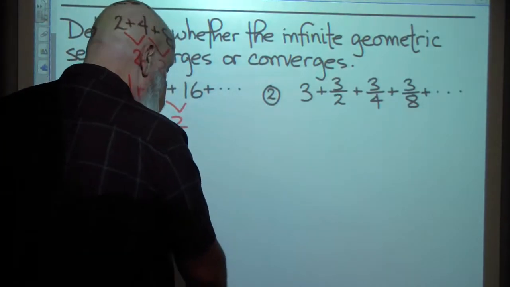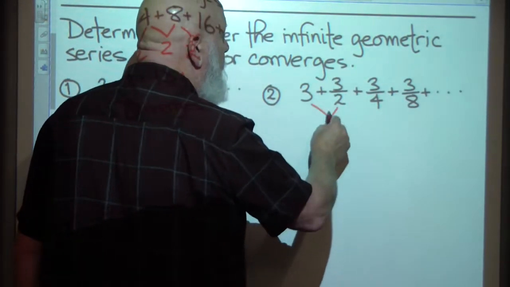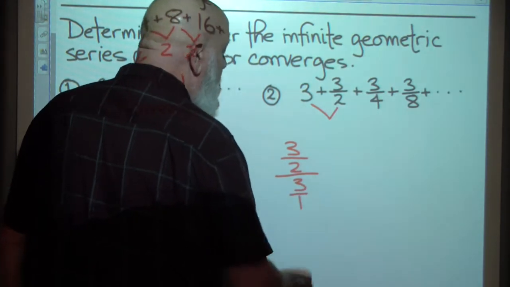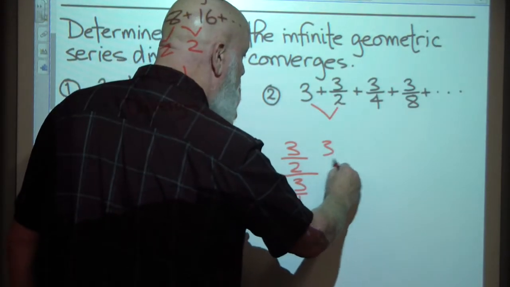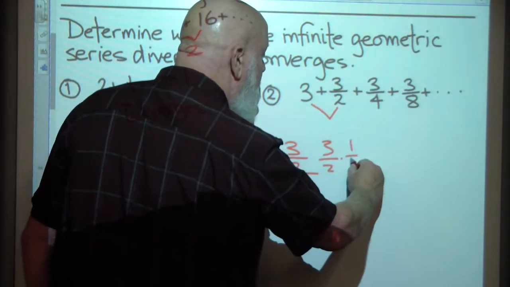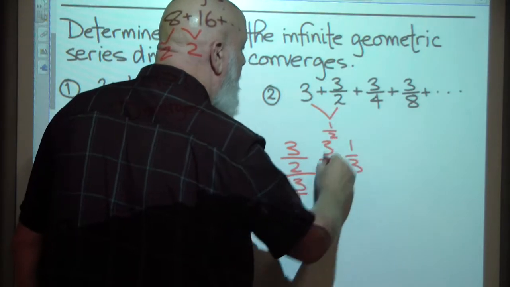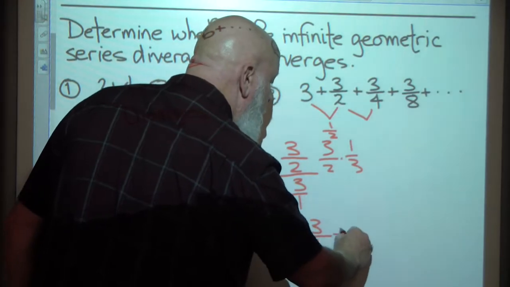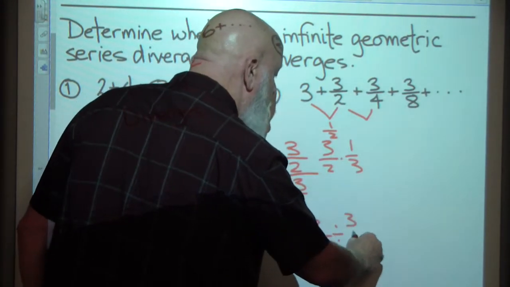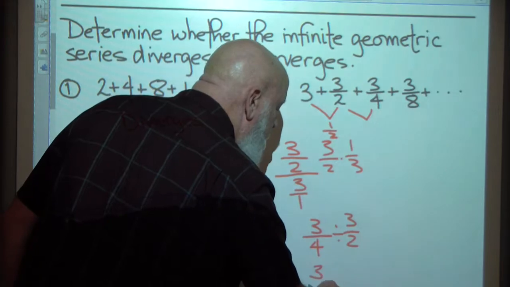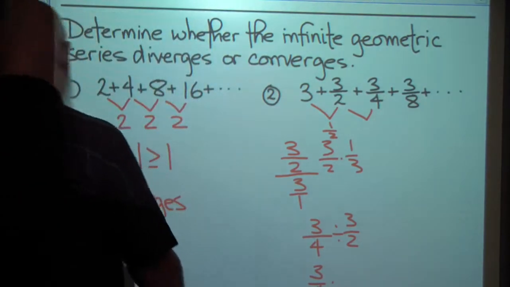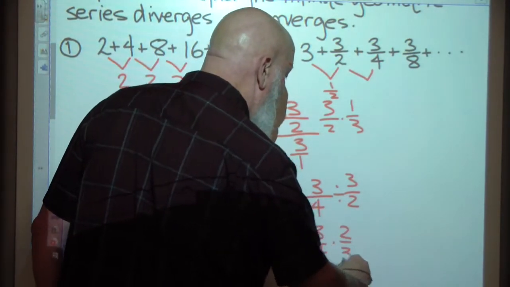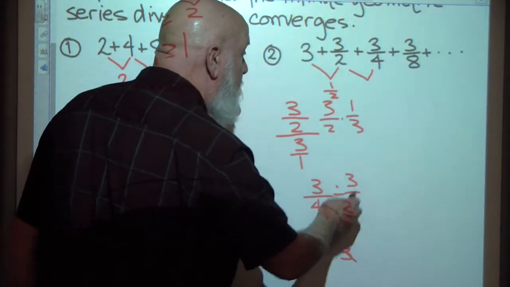However, in a situation like this, if we divide this one by this one, that would be 3 halves divided by 3 over 1, which would be 3 halves times 1 over 3. That would be 1 half. 3/4 divided by 3 halves is 3/4 times 2/3. That's 2/4, which reduces to 1 half.